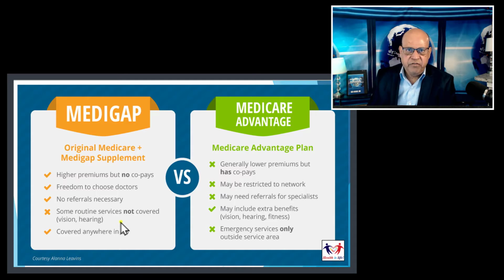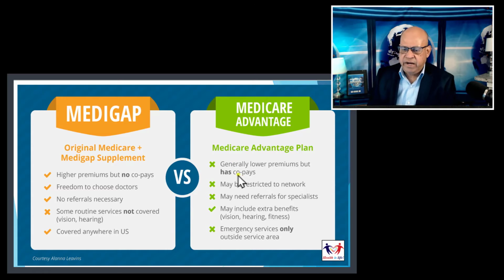That's why even if you have MEDIGAP or supplemental insurance, you still may need a separate prescription plan to cover your prescription drugs, because some of the drugs could be quite expensive, like a blood thinner could be $300 to $400 a month, or a new heart medication could cost you like $600 a month. Same thing with any cancer treatment. So that's why you do need a prescription plan no matter which route you go.